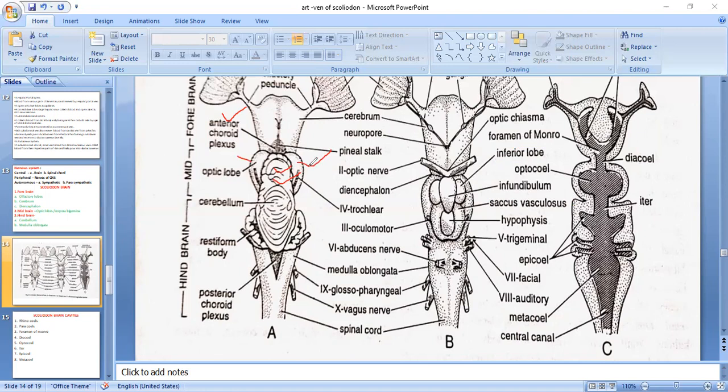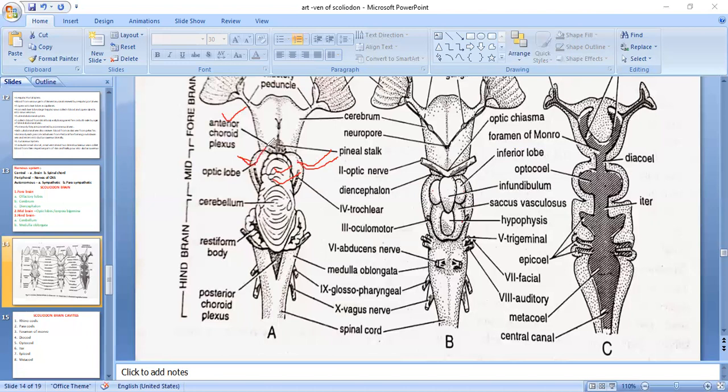So midbrain consists of one pair of optic lobes. Dorsally they are covered by the cerebellum, ventrally by the infundibulum and its associated lobes, so they cover the midbrain, right? In that way it is not clearly visible, but one pair of optic lobes are present.